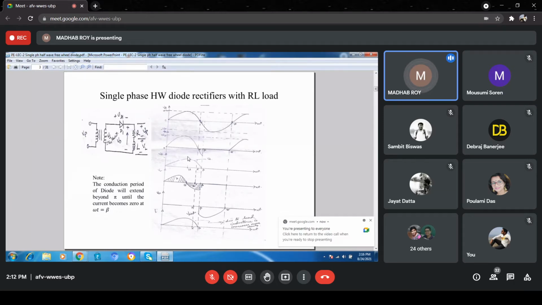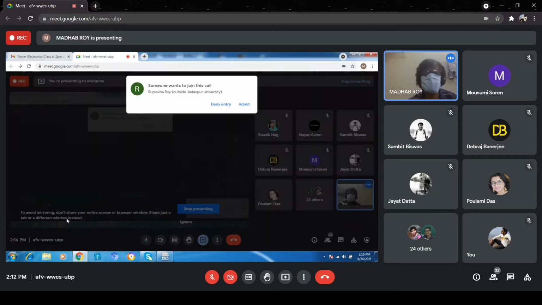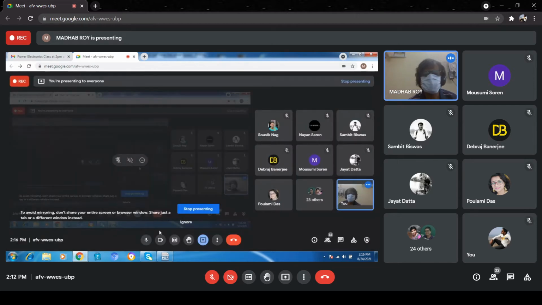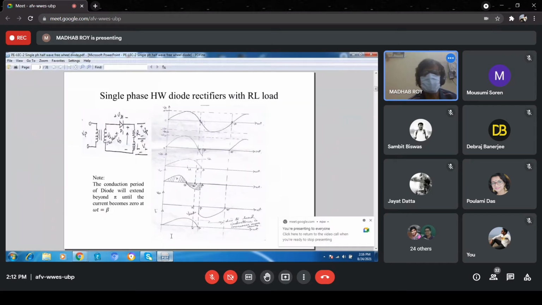Here you see this is the peak current scenario. This point will be the peak current, before pi.